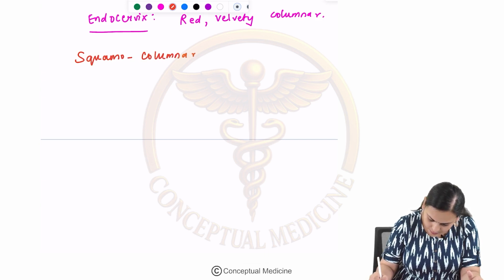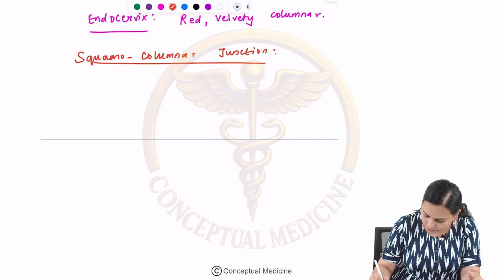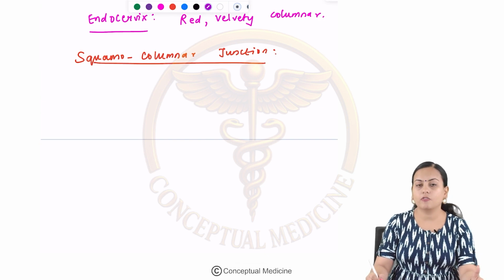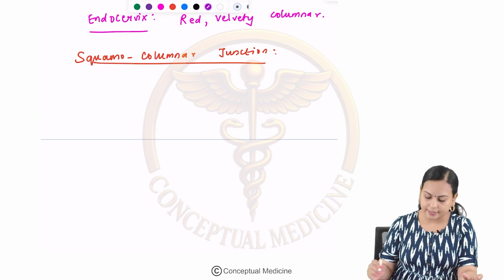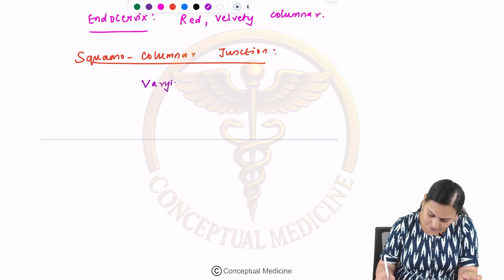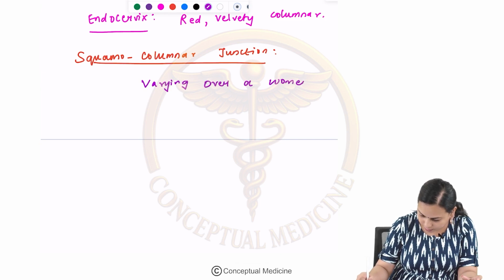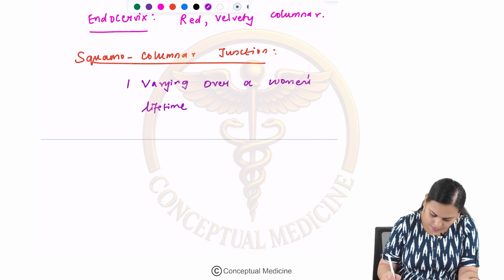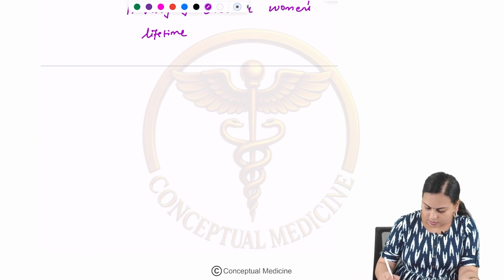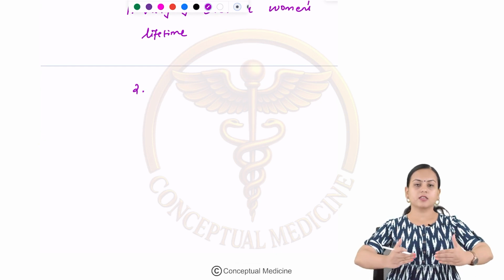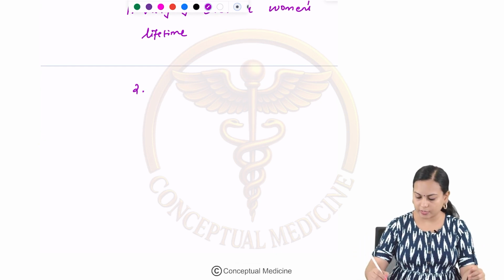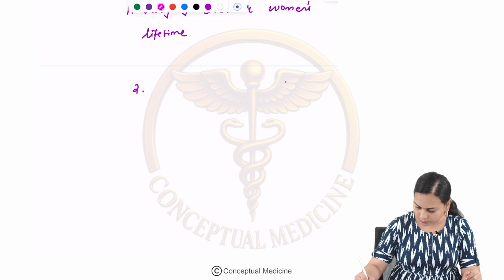Squamocolumnar junction. Okay. So, this point of meeting of these two epithelium will be varying over a woman's lifetime. And this will move from outwards towards inwards. So, if you take the cervix, suppose imagine this is the cervix.